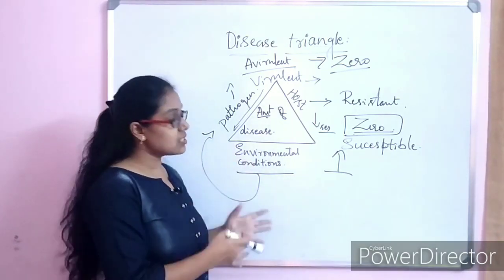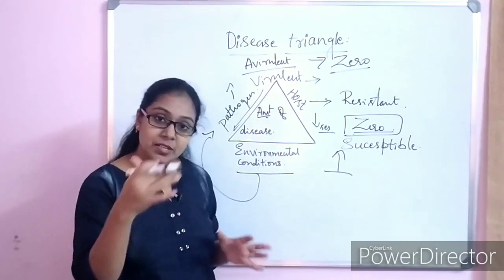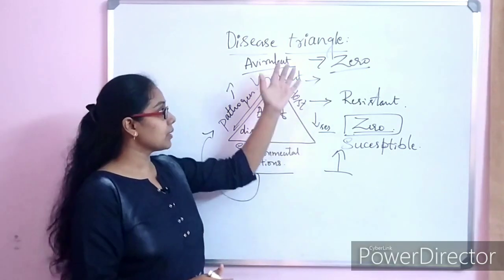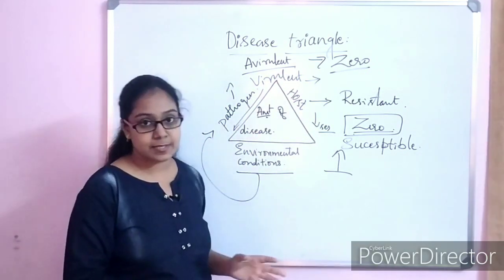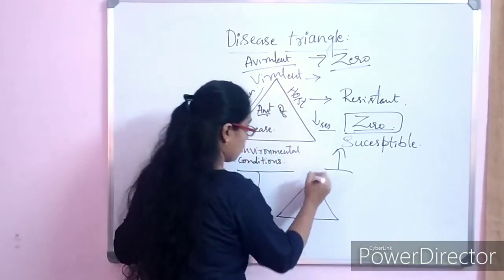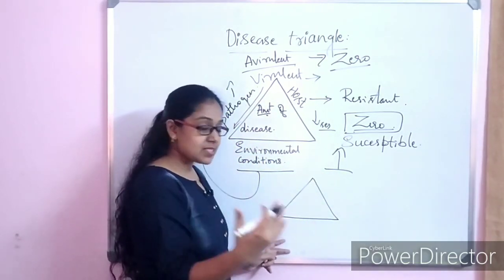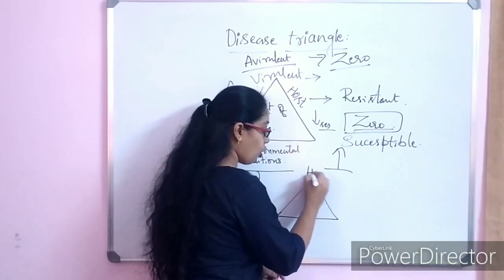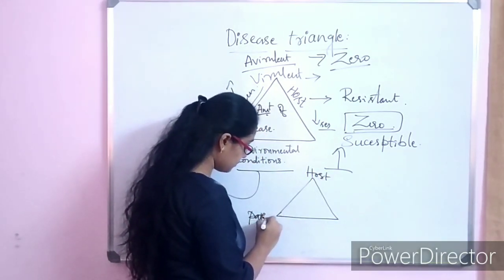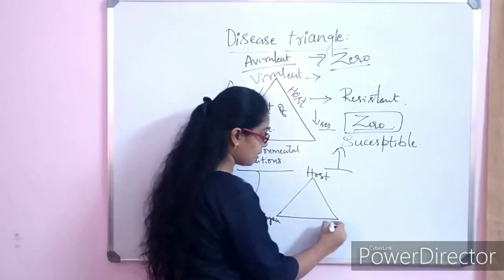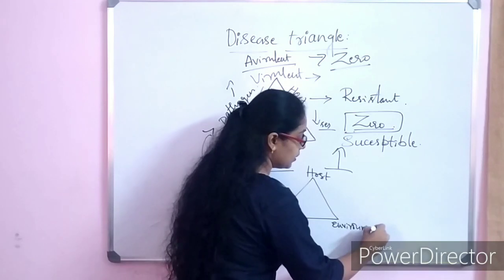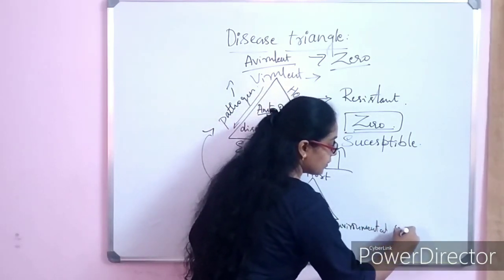And this disease triangle can also be represented as a triangle with the components written at the peaks rather than along the sides. So here you can represent these three components at the peaks. That means even the disease triangle can be written in this manner.